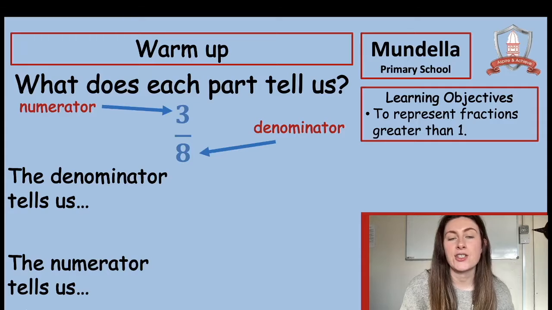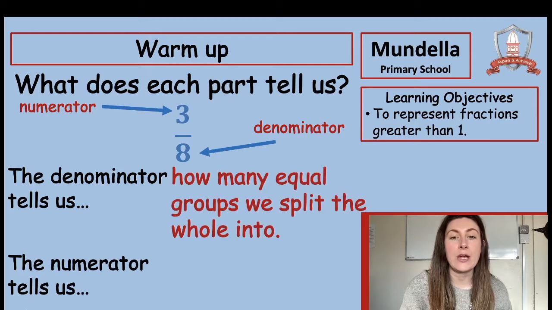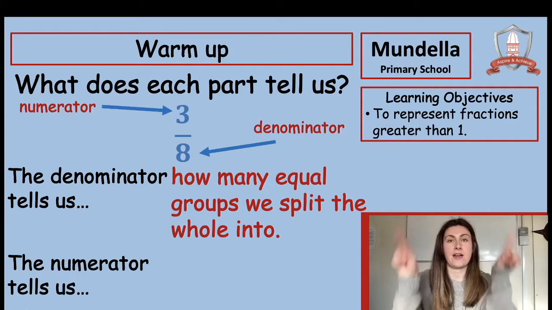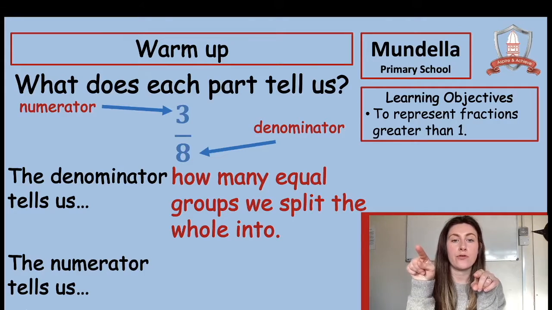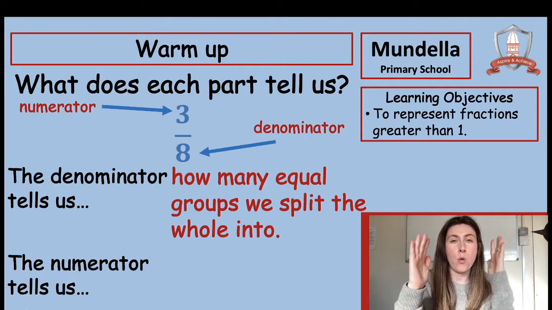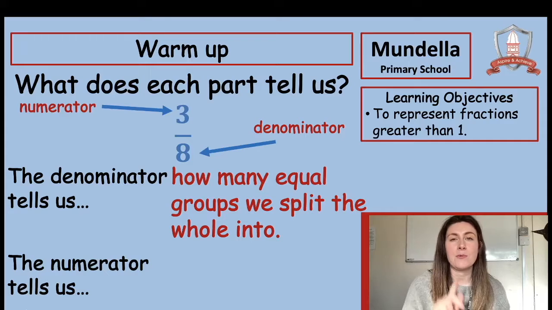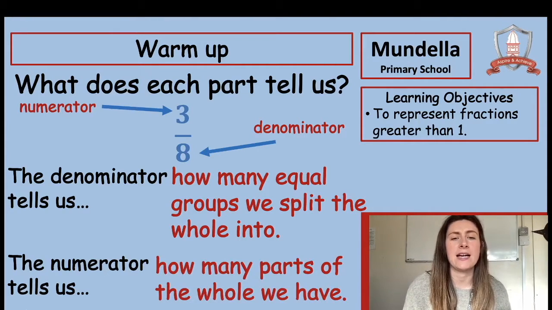Can you finish those sentences for me? The denominator tells us how many equal groups we split the whole into. So for example, if I had a square and it was split into 4 groups, that's how many the whole has been split into. It's been split into 4 parts. And the numerator tells us how many parts of the whole we have.